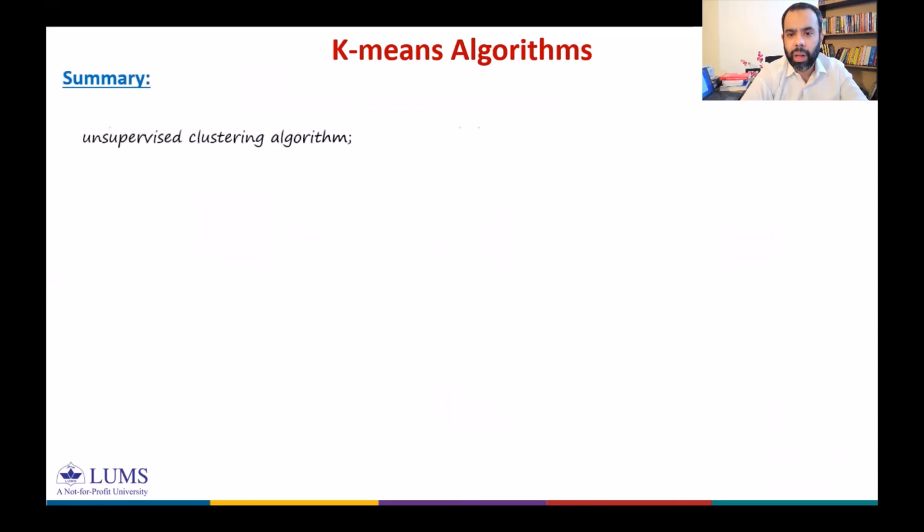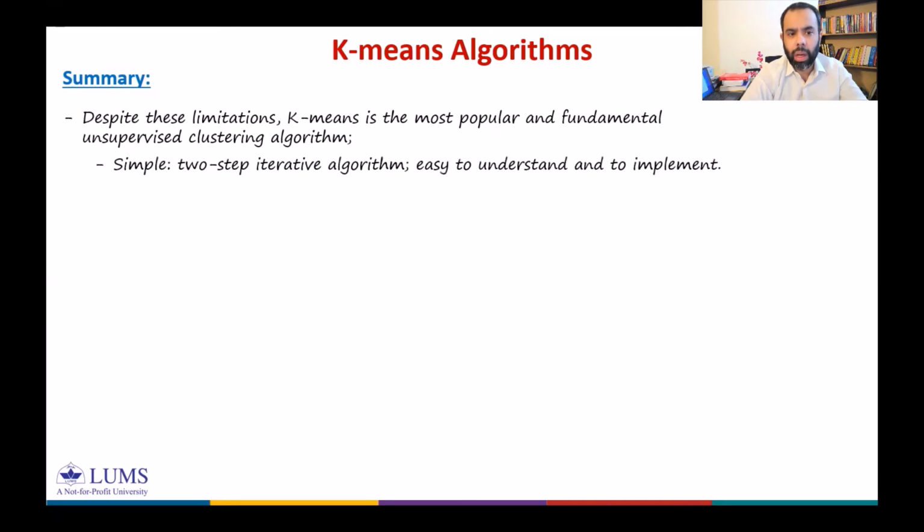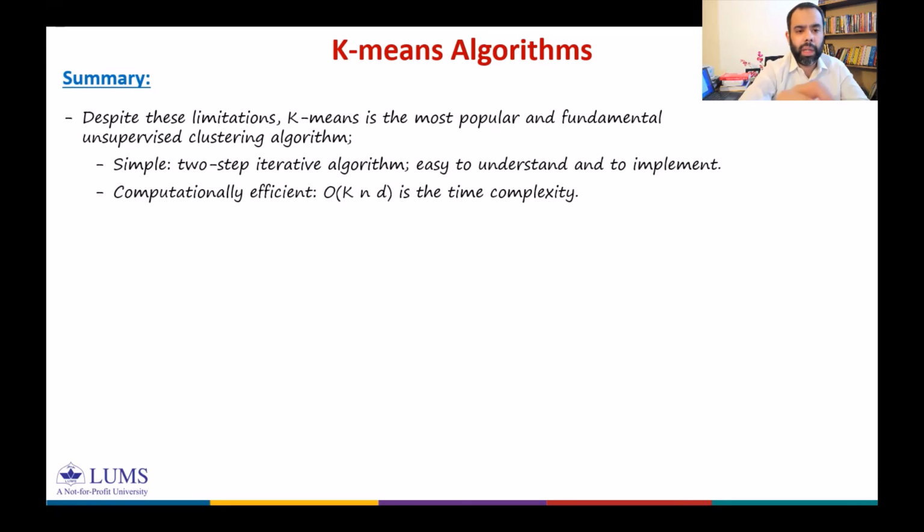We can look at the summary. Despite these limitations, k-means is still the most popular and fundamental unsupervised clustering algorithm because it is simple. It's a simple two-step iterative process. It's easy to understand and easy to implement. It is computationally efficient. We have seen that the time complexity is number of clusters times number of data points times the dimension of the feature space.